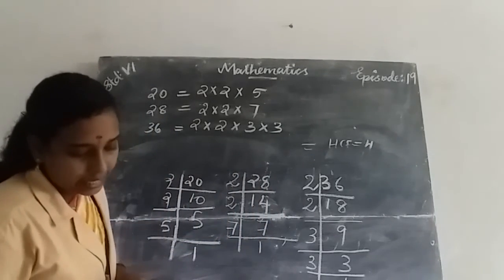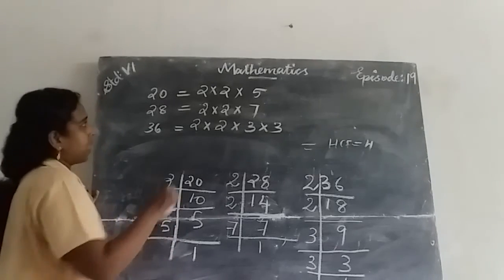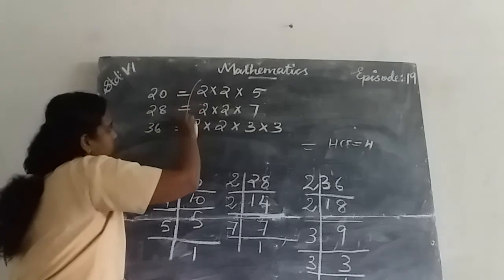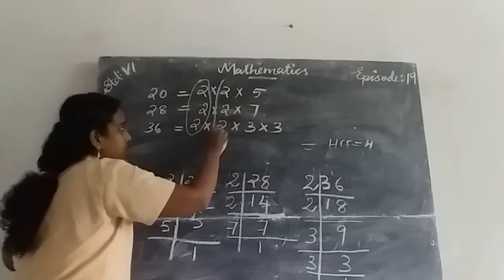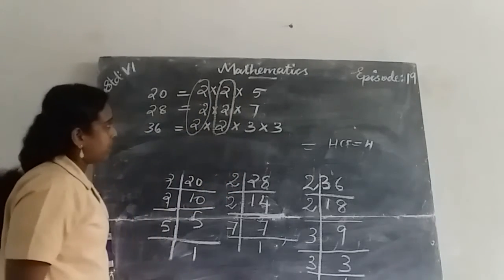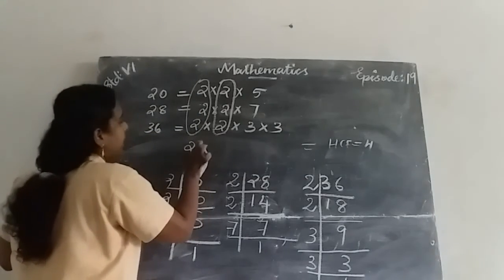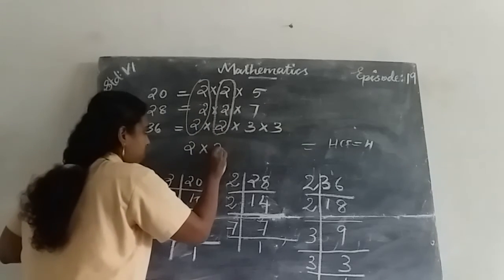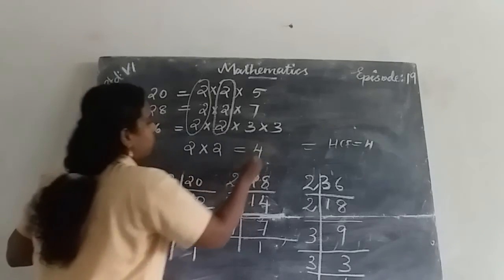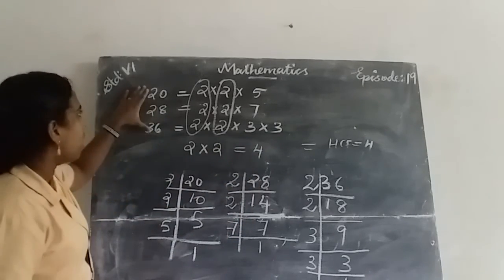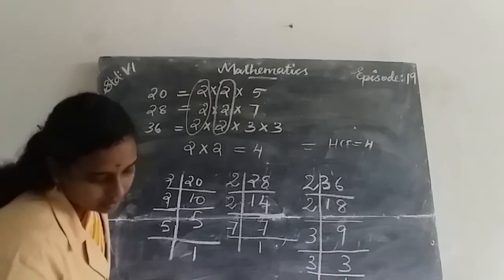From this we find the HCF of these three numbers. For that we first find the common factors. Here 36.